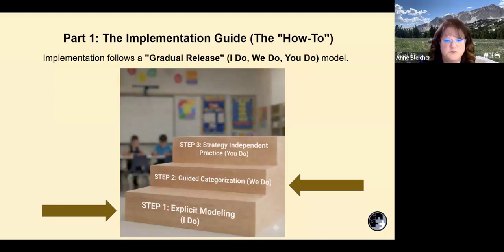So again, you're just reinforcing what your thinking process is and how you are working through that. And then in the third step, you're going to give them another group of words and see if they can apply that learning to what you have modeled for them.